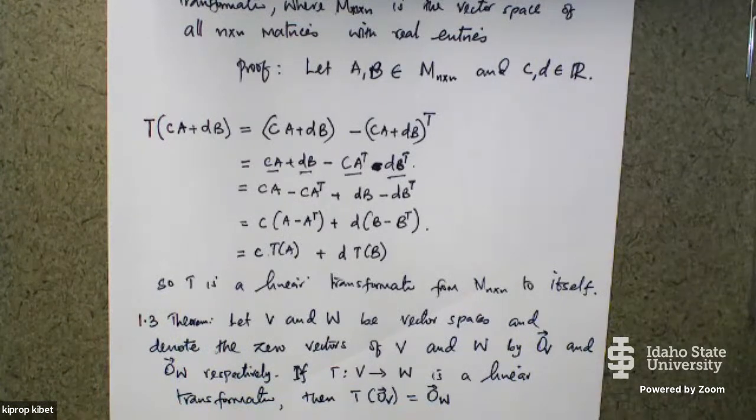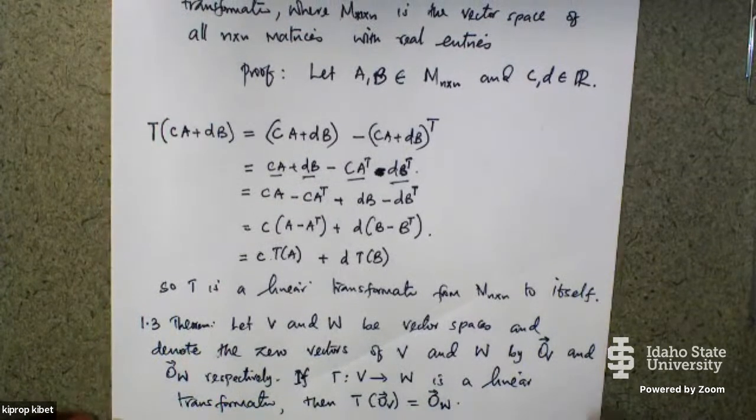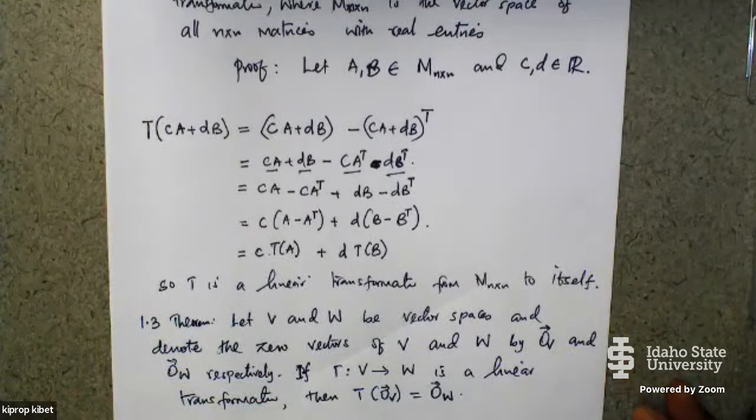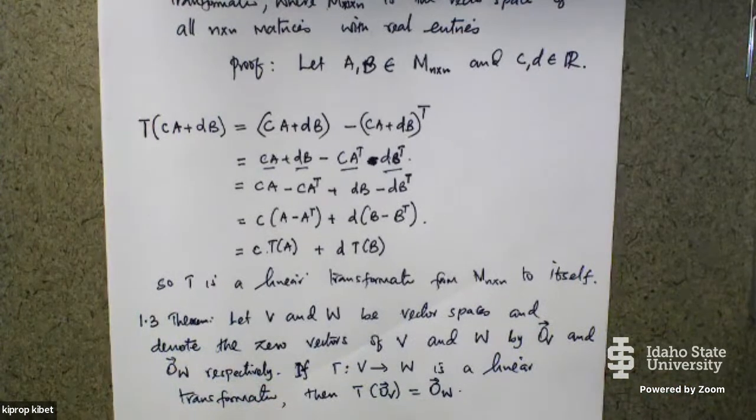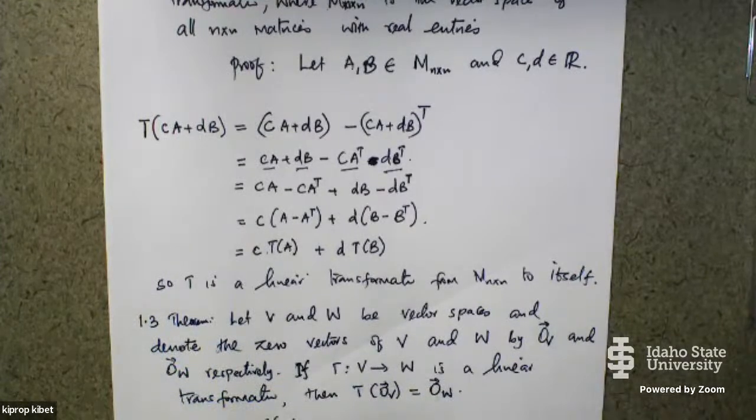So it is easy to prove this. You can just take T of the zero vector, which is similar to T of 0 times the zero vector, which is the same as factoring out the 0, 0 times T of the zero vector.